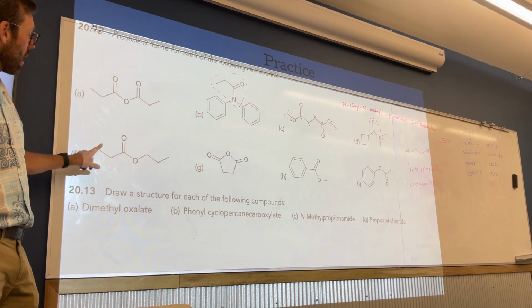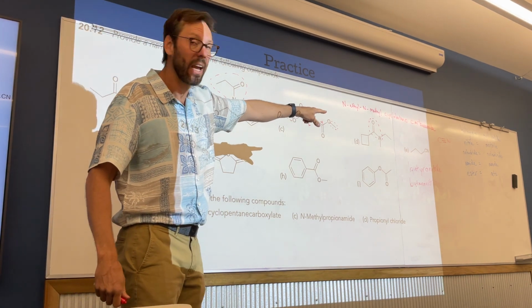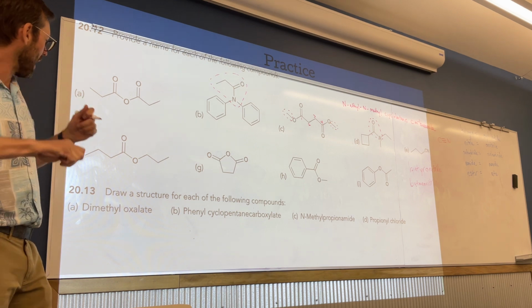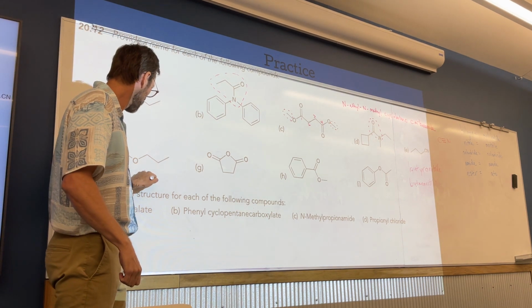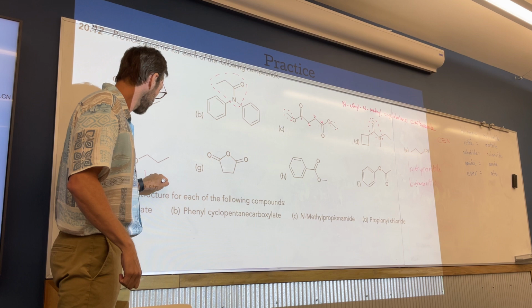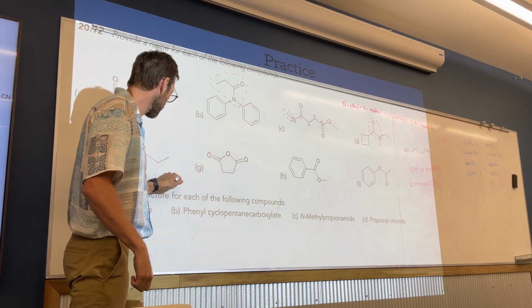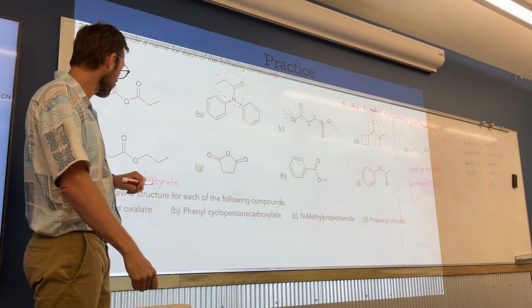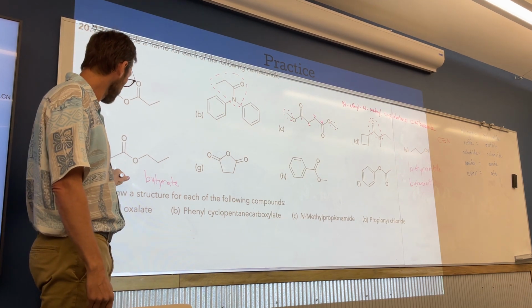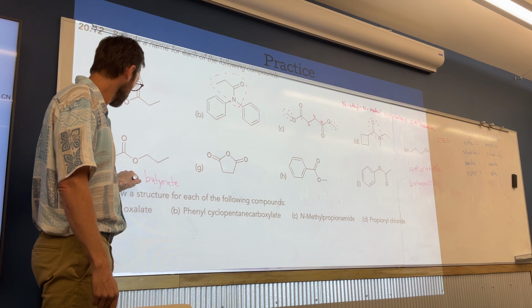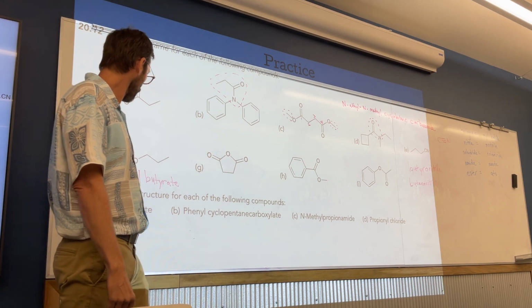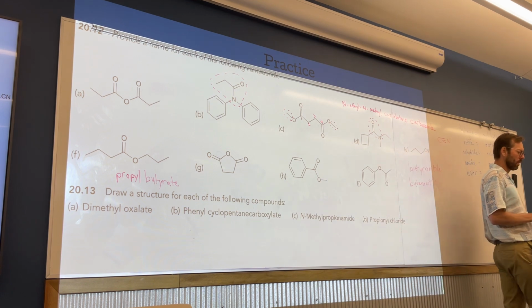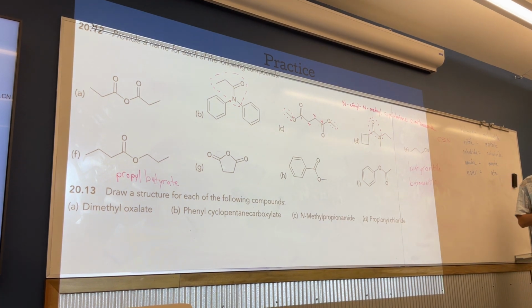So esters are 8, right? So that could be a butyrate or a butanate. And propyl butyrate or butanoate.